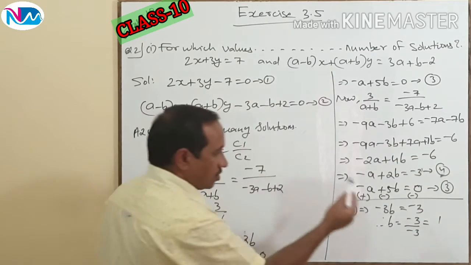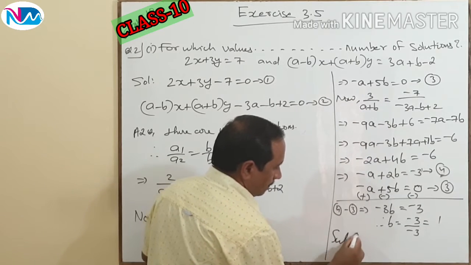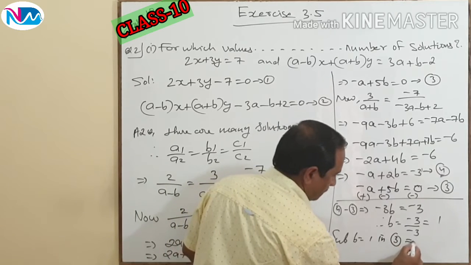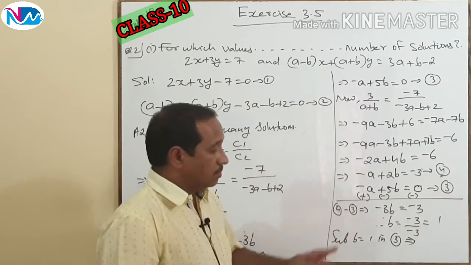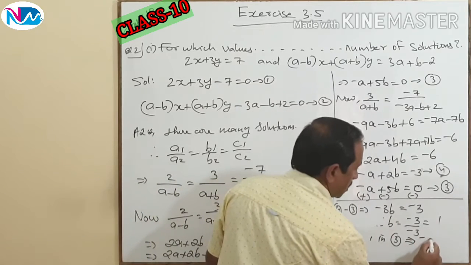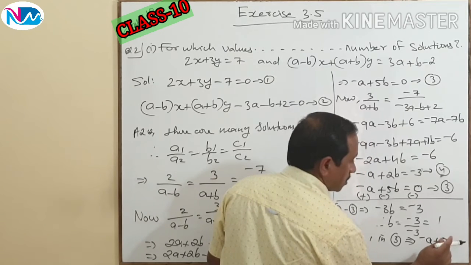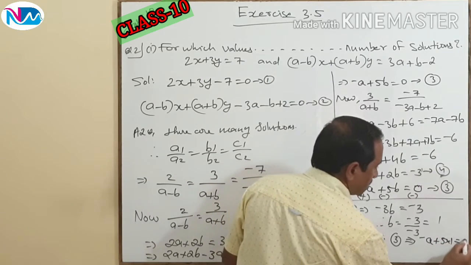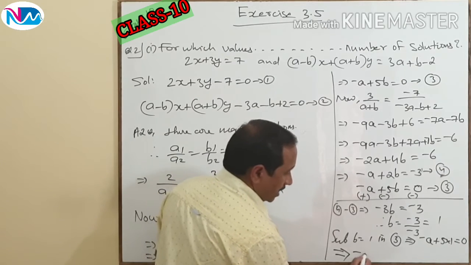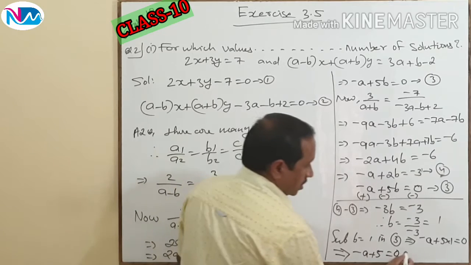Now substituting the value of b in equation number 3. Substituting b is equal to 1 in equation number 3 gives minus a plus 5 into 1 is equal to 0. That gives minus a plus 5 is equal to 0.